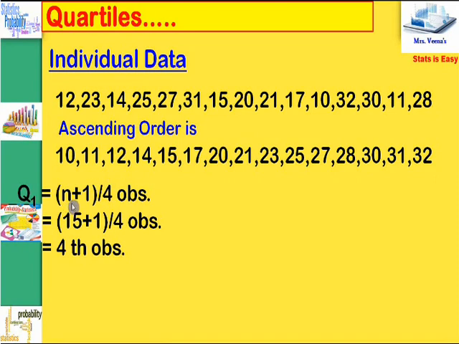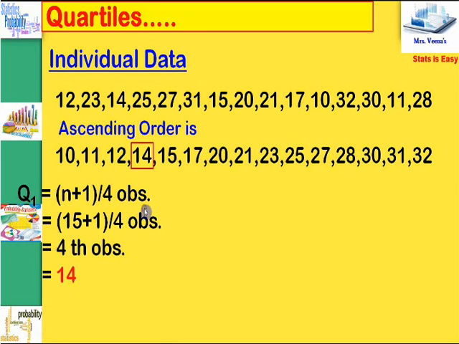The formula is (n plus 1) divided by 4th observation. n is 15, plus 1 is 16, divided by 4 is 4. So the 4th observation in ascending order is Q1, which is 14.